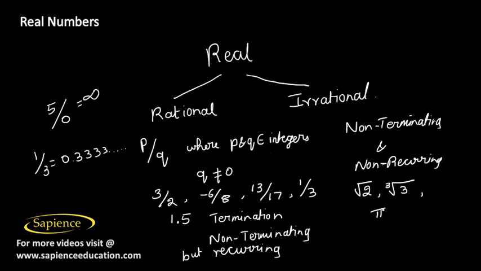Pi is an example of an irrational number. A non-terminating decimal which is also non-recurring is an irrational number.